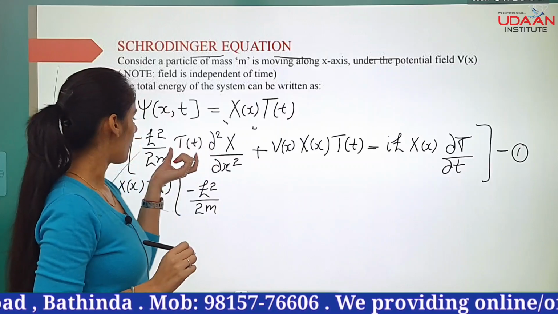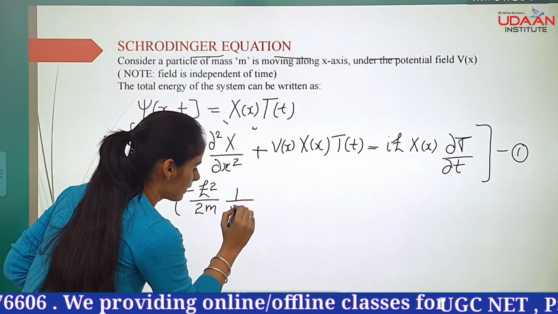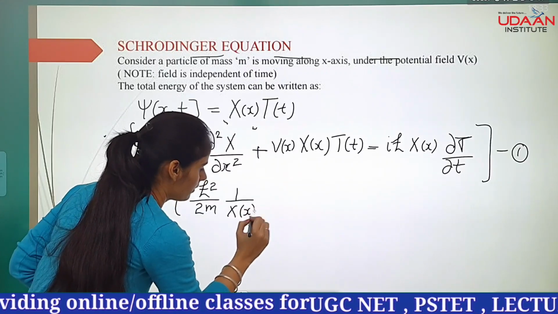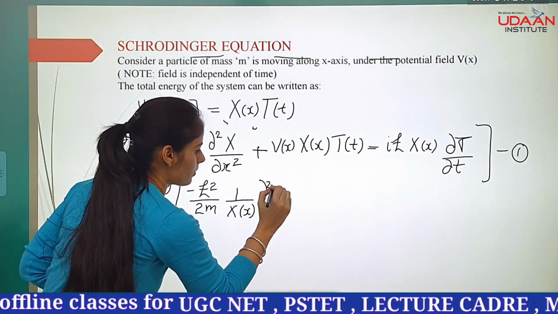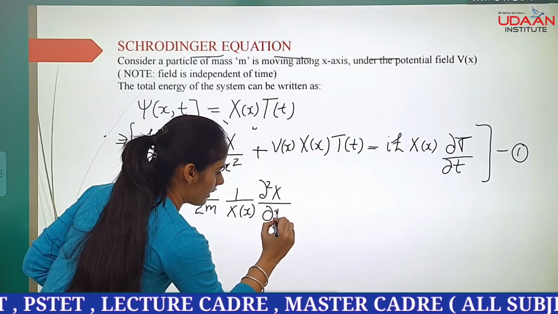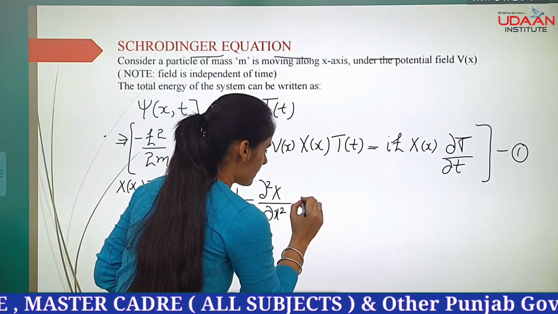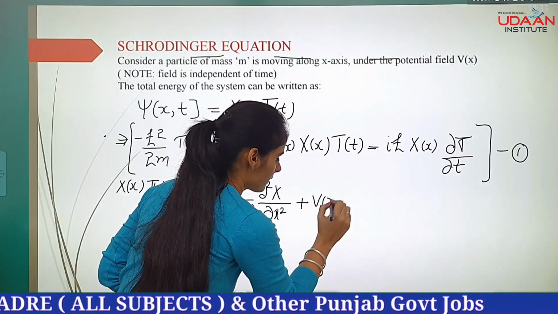As we have X T, here we will have X in the denominator, del square capital X upon del small x square, plus V of x.